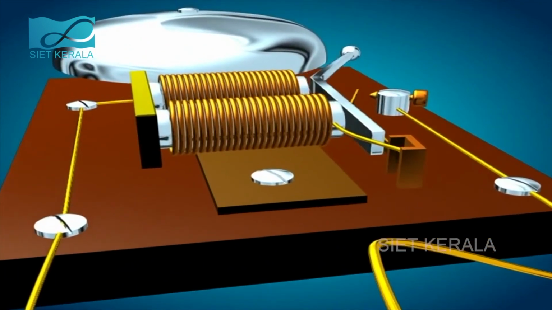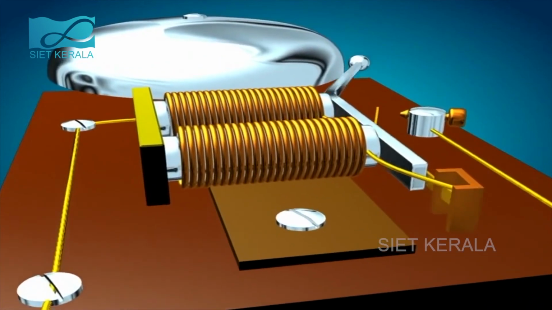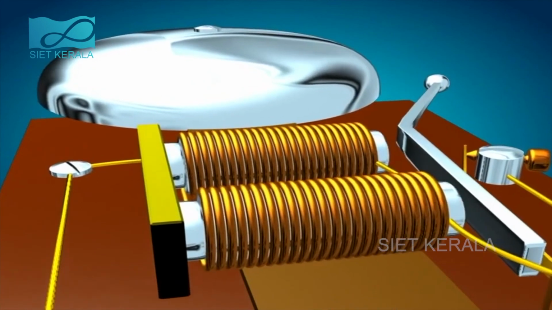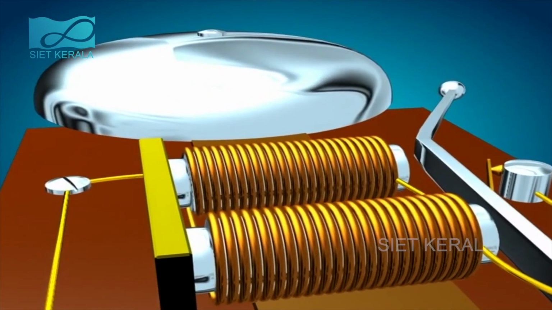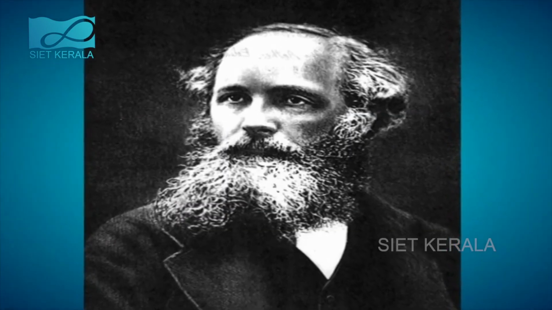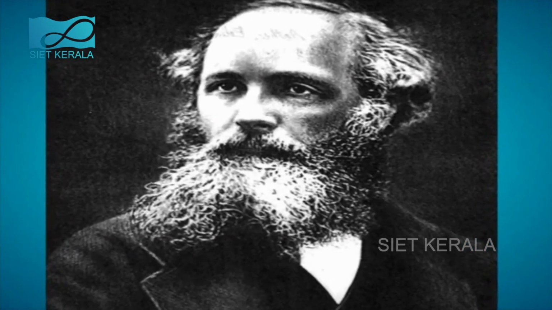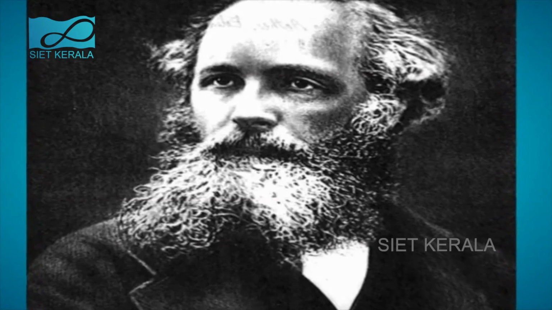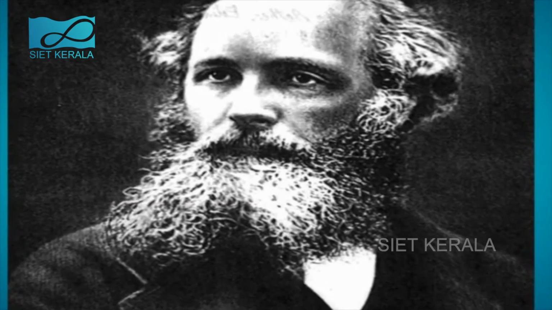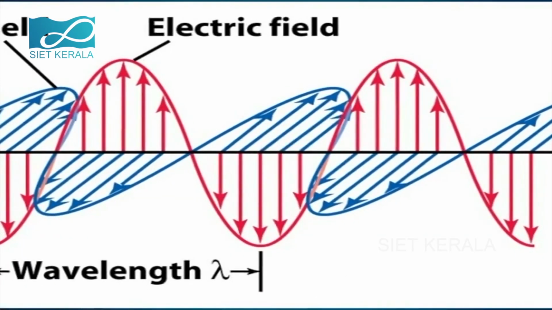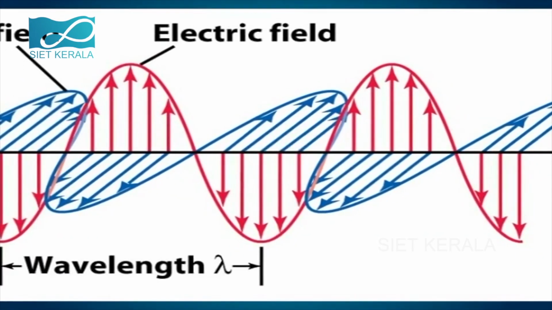James Clerk Maxwell was a Scottish physicist and mathematician. His most prominent achievement was formulating classical electromagnetic theory. This united all previously unrelated observations, experiments, and equations of electricity, magnetism, and even optics into a consistent theory.